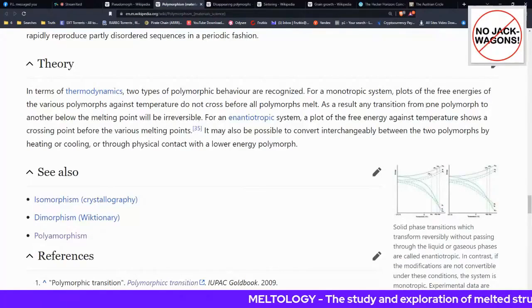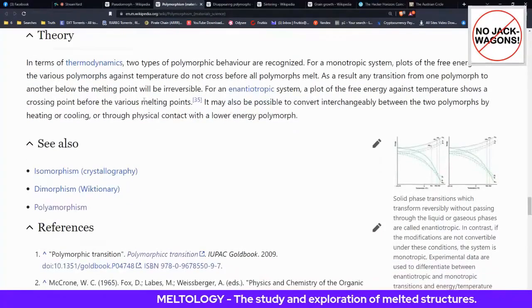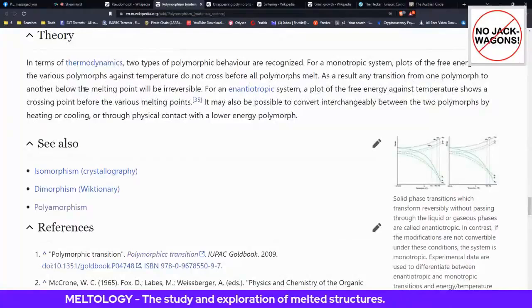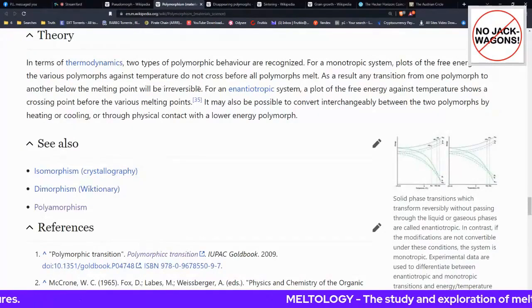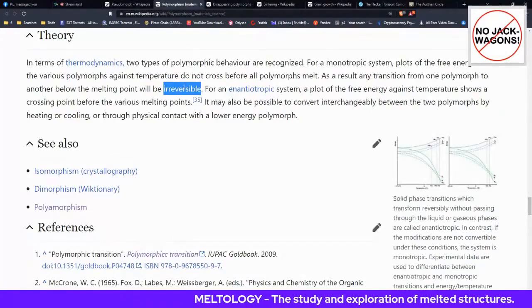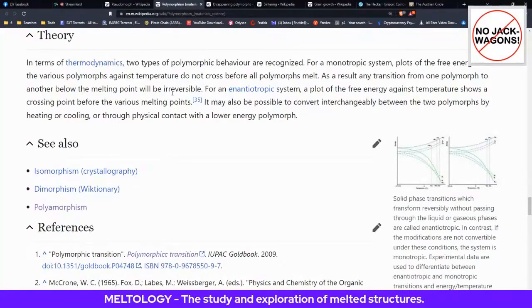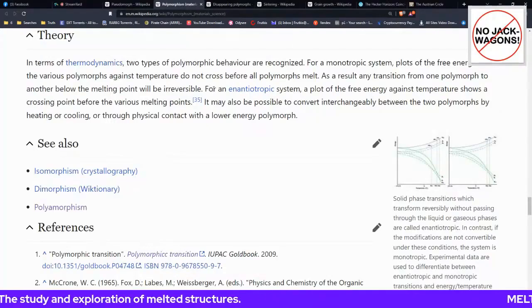And this can be applied. When they say it's not through the melting point but just below the melting point, it's irreversible because the crystal structure has changed. But if you go beyond the melting point, you can bring it back. This is what they found.